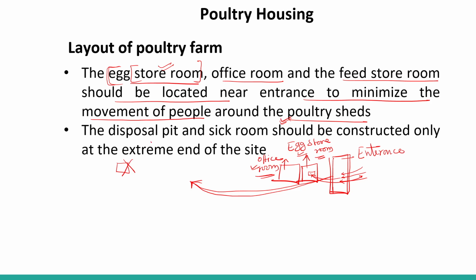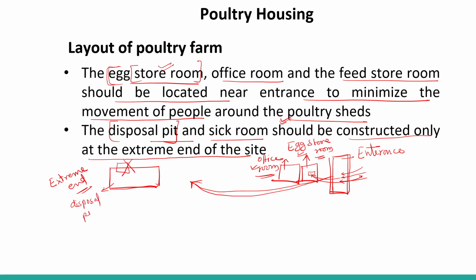The disposal pit and sick room should be constructed only at the extreme end of the site. Very important. So at this particular extreme end, what should be placed? A disposal pit, a pit to dispose of waste, right?